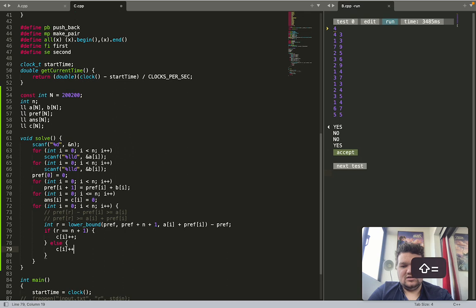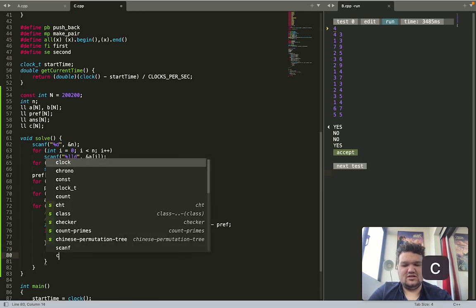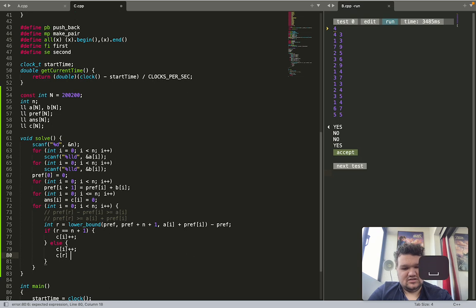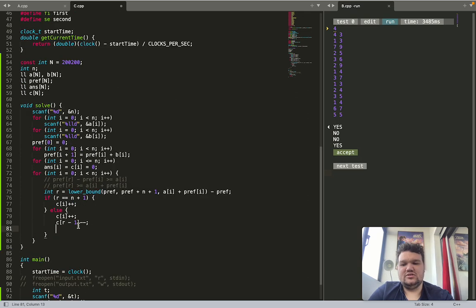Otherwise, everyone starting from the I-th taster up to R minus 1 will drink to full capacity, and this one will additionally drink AI minus the sum of capacities of all the previous guys.